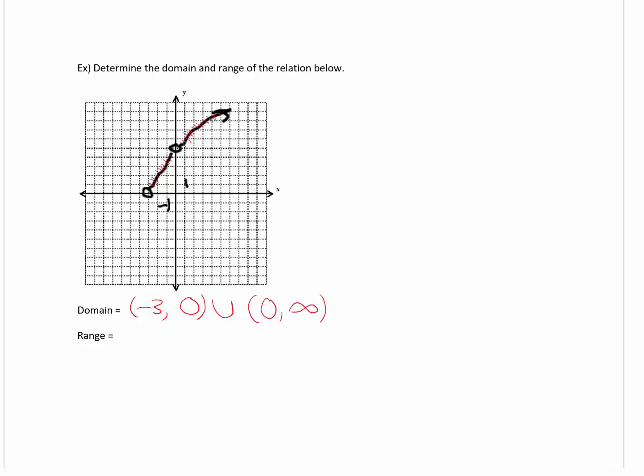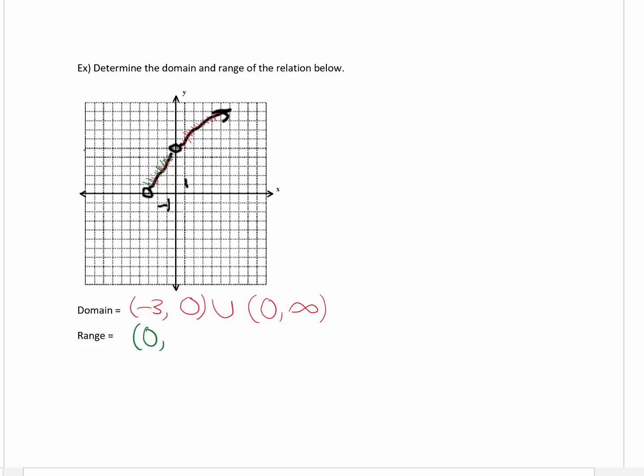Now, my range. Following the same graph, we start here. That's the lowest range value. The y value is 0 here. But again, because it's an open circle, I cannot include 0. Following the range, the next range value is 5.